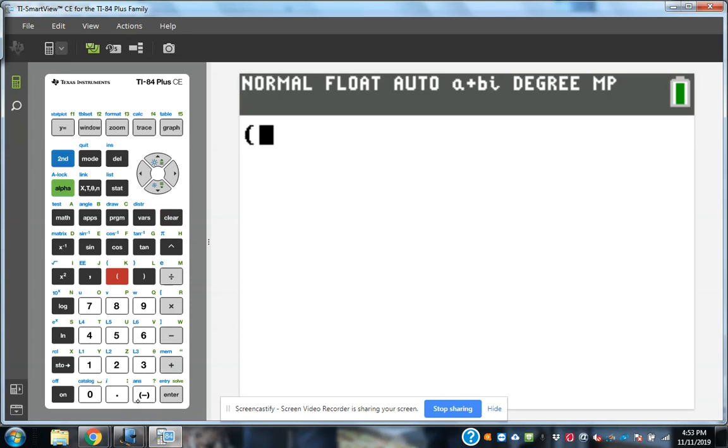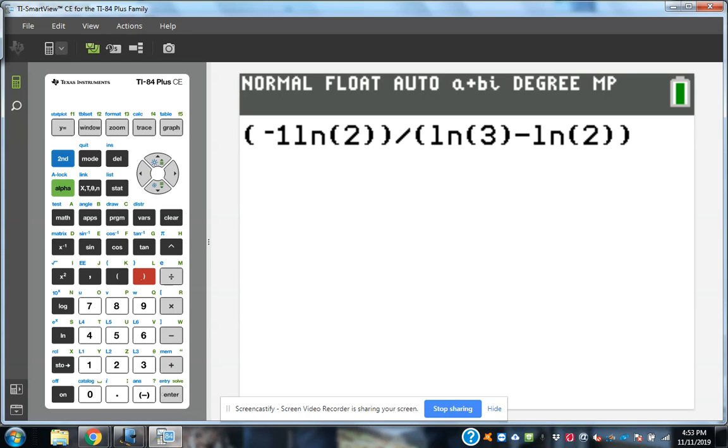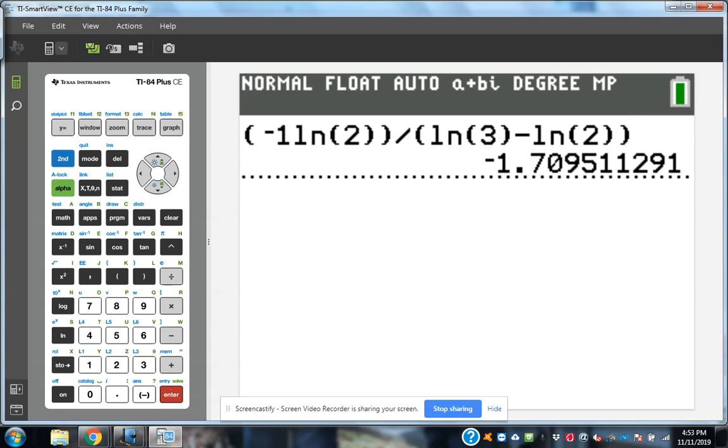So I'm going to do parentheses, negative 1, natural log of 2. So that's the numerator, divided by parentheses, natural log of 3, close parentheses, minus natural log of 2. Close those parentheses up. There we have, we're going 3 decimal places, so that'd be negative 1.7095. The 5 makes the 9 go up, so that makes that a negative 1.710.